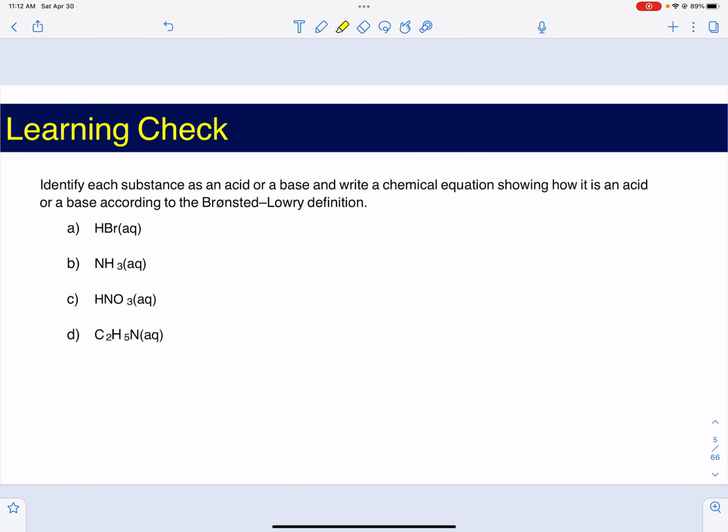So what about the Bronsted-Lowry definition? The Bronsted-Lowry definition came after the Arrhenius when we started seeing other substances that produce hydronium and were acids, but they didn't produce H+. So this one is different. So a Bronsted-Lowry acid will donate H+, which is the same thing as producing H+.